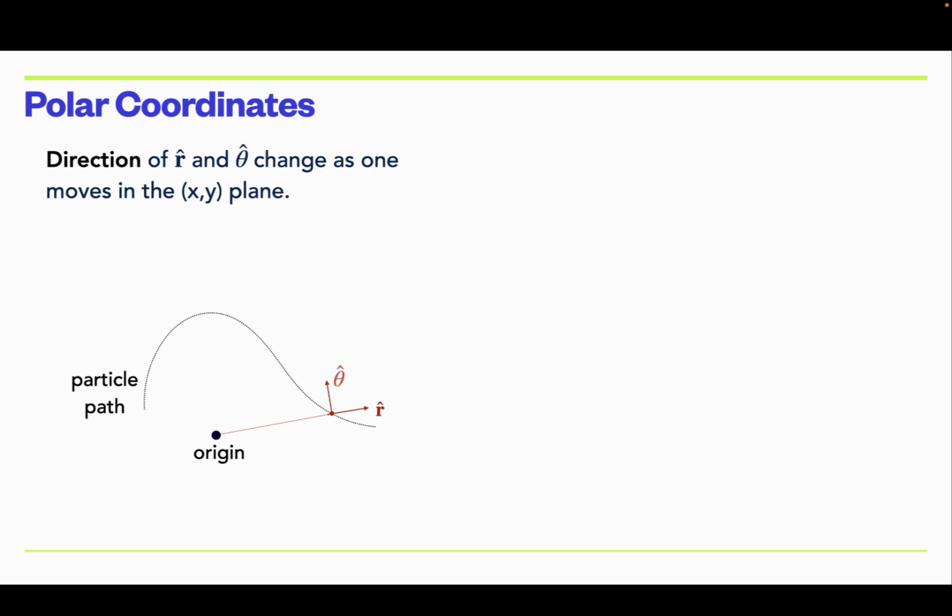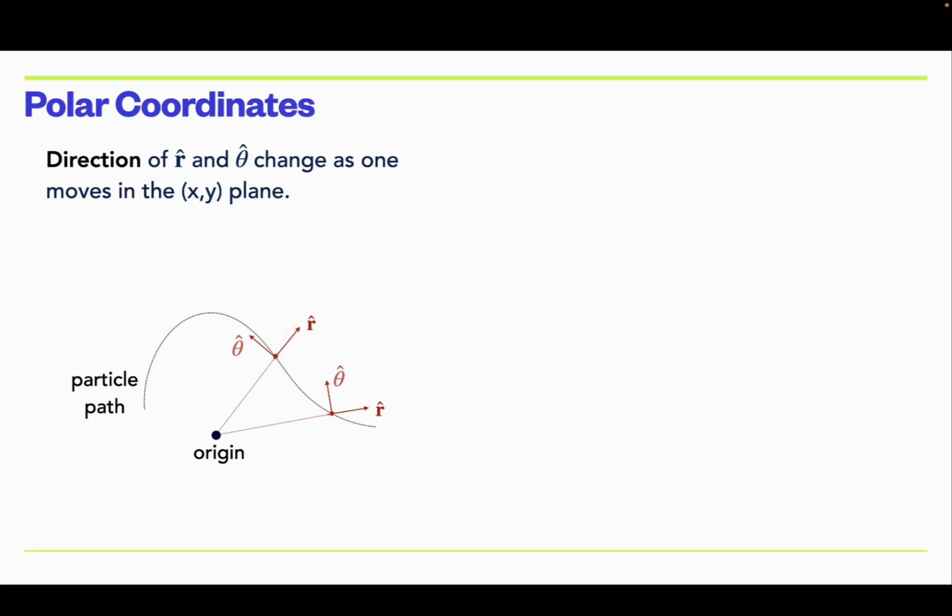The point is that r hat and theta hat change direction as you move in the xy plane. So suppose this dashed line is the trajectory of a particle. Here's our particle right here. R hat points in that direction, theta hat points up. As the particle moves along this path, the r position vector is now pointing up like this, so r hat is now pointing up.